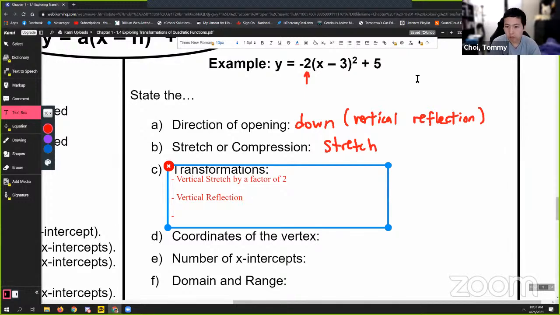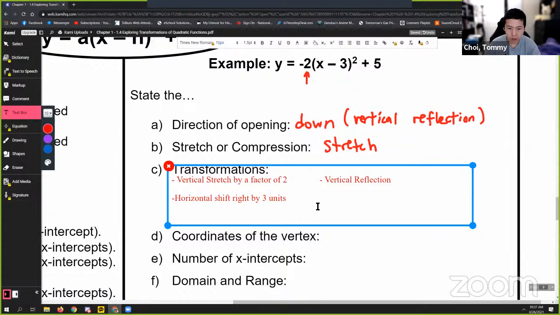Our next one, we can now go to horizontal shift. So horizontal shift to the right, because H is positive, by 3 units. I need more space. Maybe I can do this. There we go. Okay.